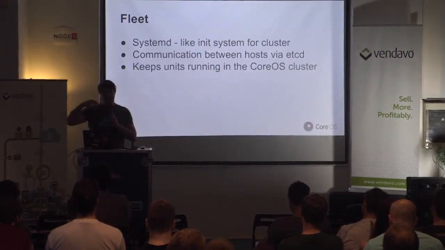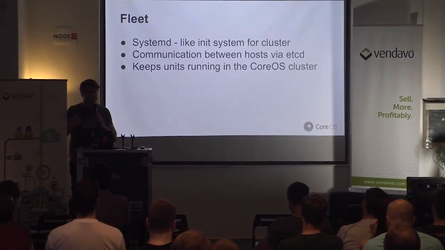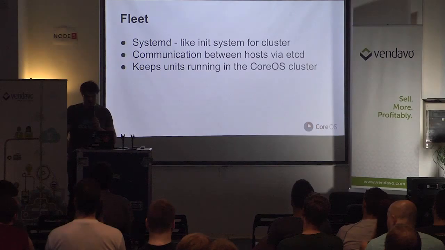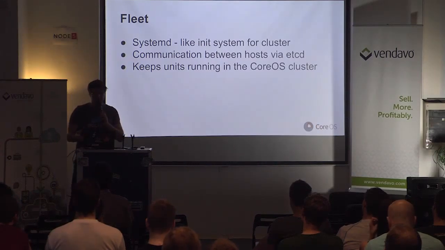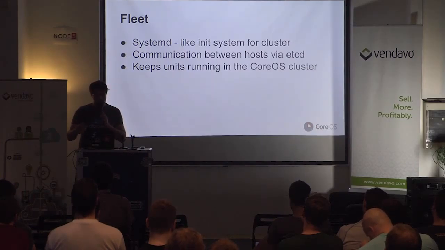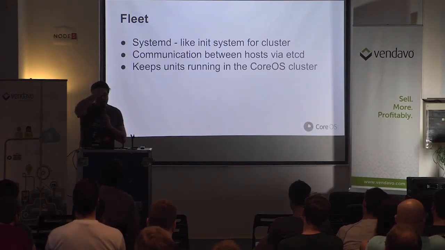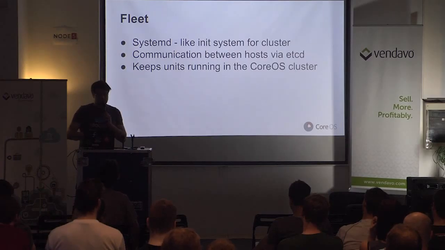Now etcd is just a storage, but the operating system also has Fleet by default. If you've been using systemd, you know pretty well your way with systemd units. Fleet is more or less systemd units like a system.